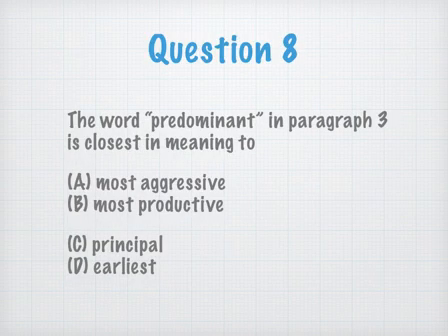Looking at question 8, the word predominant in paragraph 3 is closest in meaning to A, most aggressive, B, most productive, C, principal, or D, earliest. Now, looking at this word again, we can see a couple of prefixes and suffixes here. We've got the prefix pre, and then we've got the suffix nant. So in the middle, we've got domin.